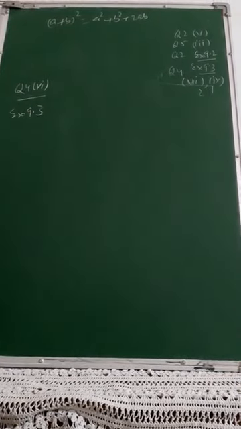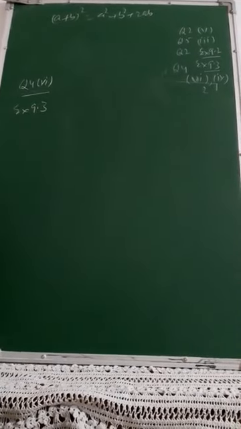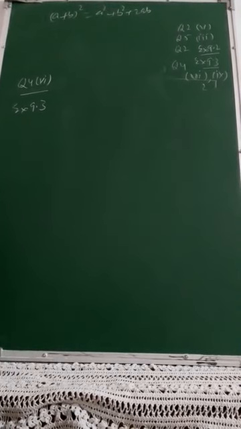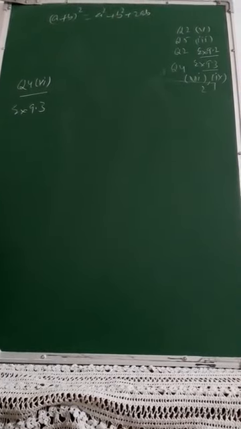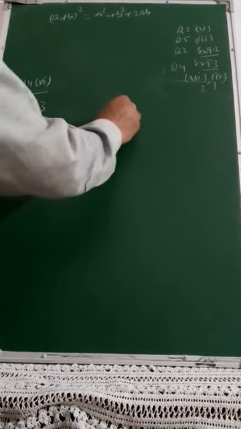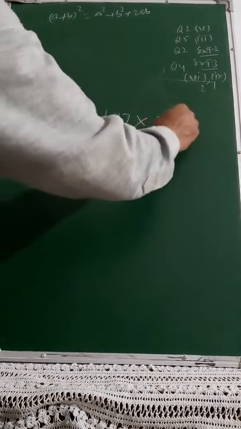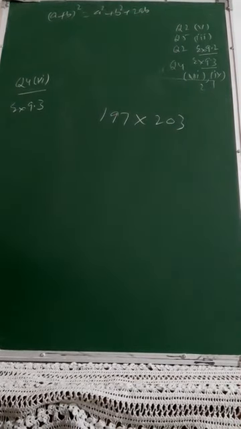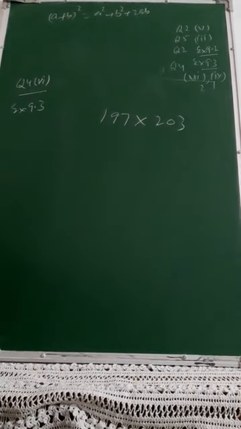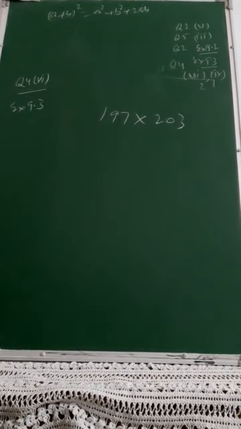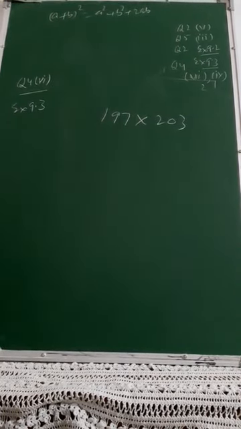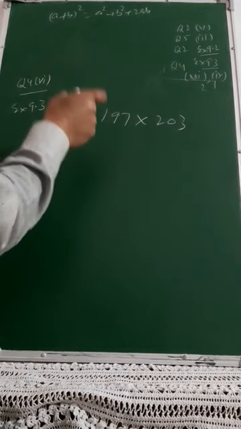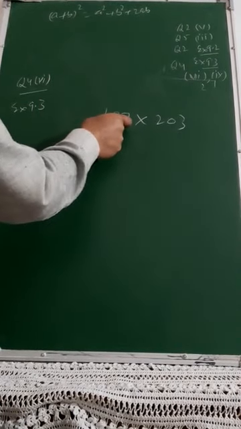Question number 4, 6th part is: using identities, evaluate 197 into 203. Yesterday I shared one of the parts, the last part, 15th, 95 into 105. And at that time also I told you to see which number with ending zeros this is close to.